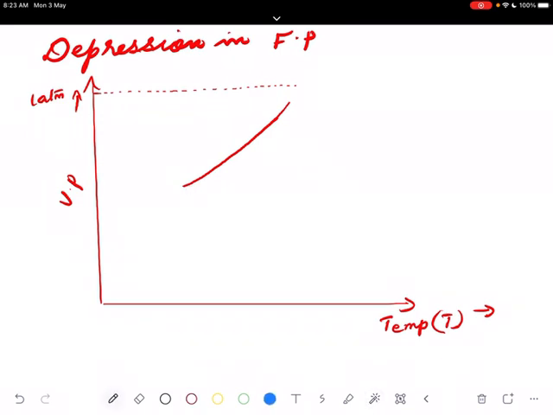Pure solvent means I'll be writing here solvent, liquid water. In the case of water, that is liquid water. Now, vapor pressure of the solid solvent, that is ice. This is the line for that. This is solid solvent.